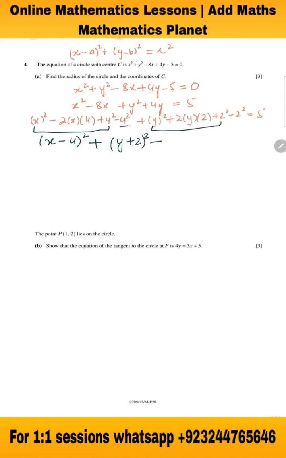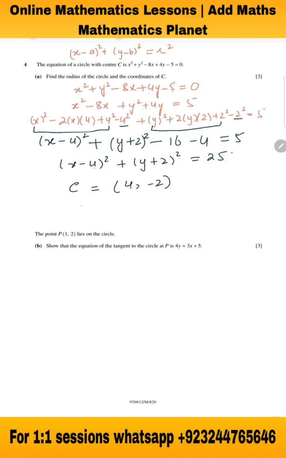So we will be left with minus 16 and minus 4, which is equal to 5. So we will get (x minus 4) whole square plus (y plus 2) whole square, which is equal to 25. So center of the circle is 4, minus 2, and radius of the circle is 5.